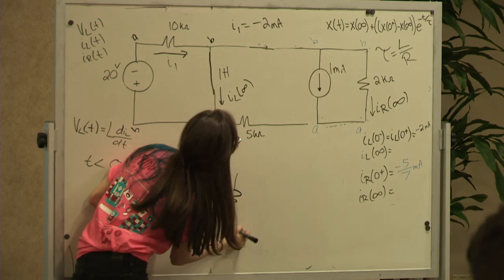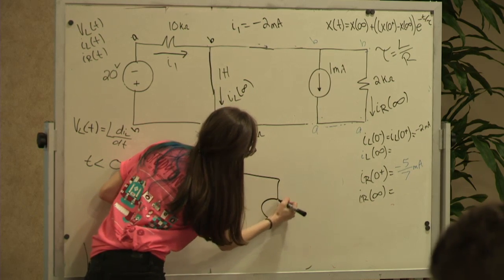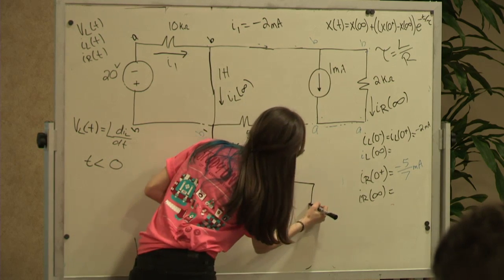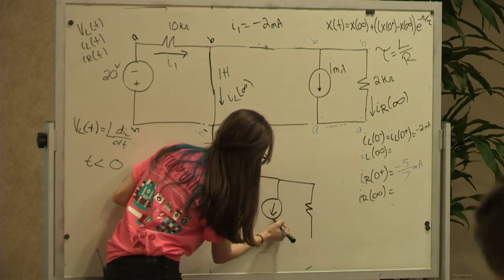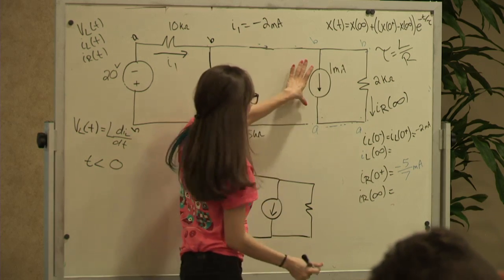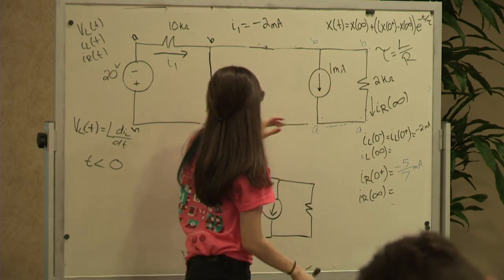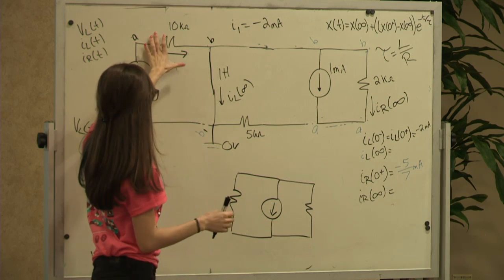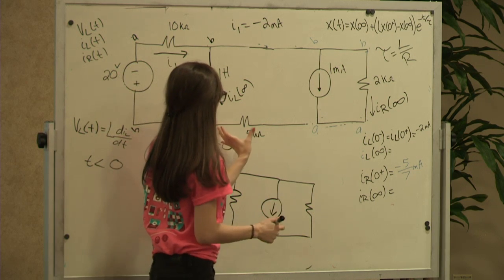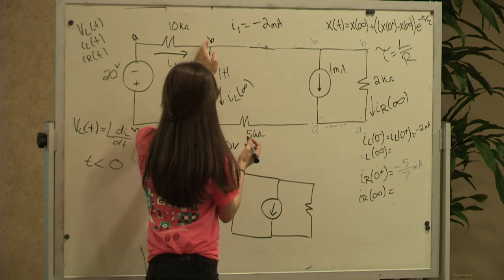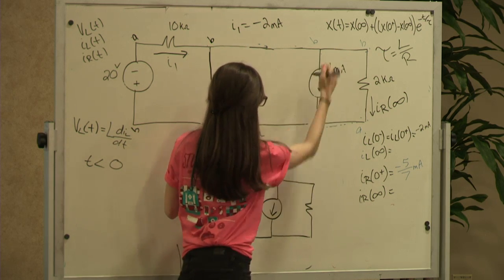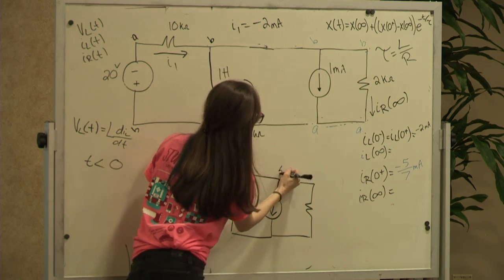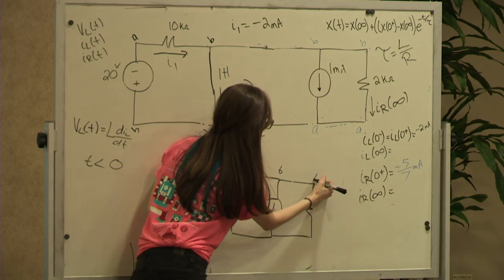Let's see. So you agree this current is in parallel with this one. And just like this voltage was in parallel with this one, let's see. So this B, B, B, A, B. So, yeah, exactly.